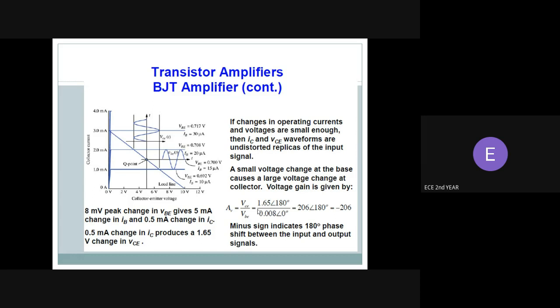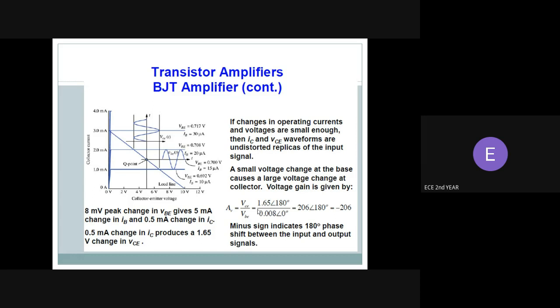Current is marked in steps of milliamps, each considered as a step: 1, 2, 3 mA. By adjusting the DC supply, by adjusting the bias, we can change the Q point.